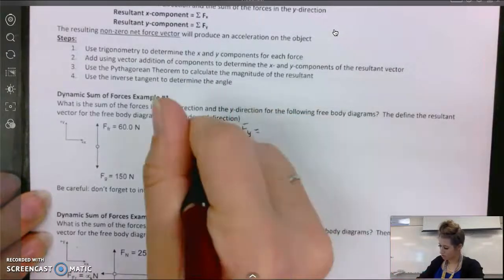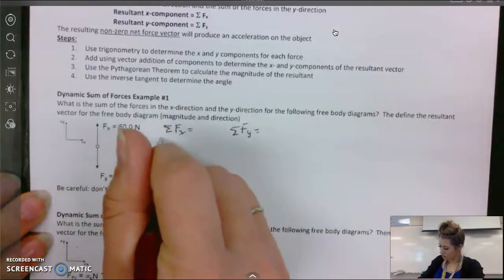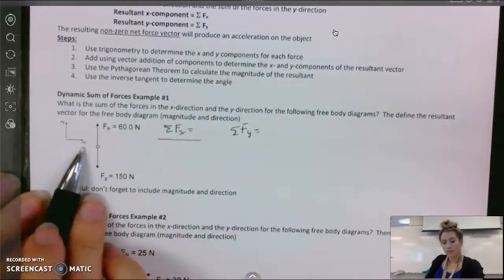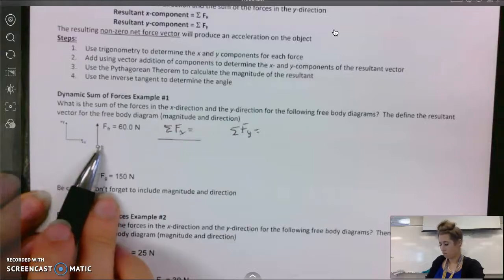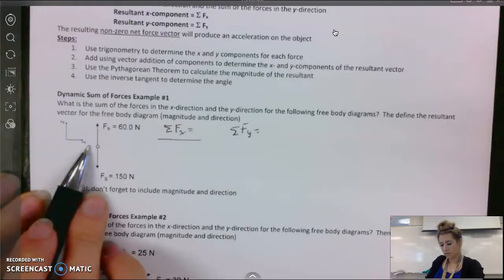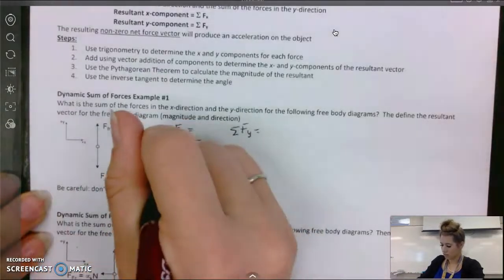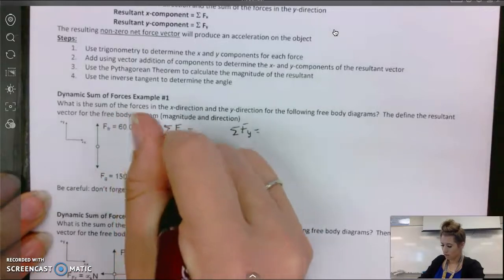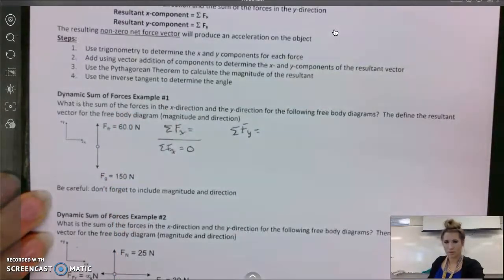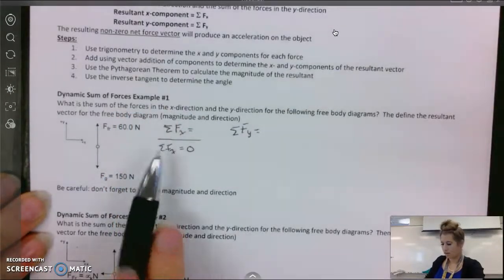Okay, let's see what that is. X direction. We don't have any vectors in the x, so the sum of the forces in the x direction, that's just going to equal 0, right? Because we didn't have any forces.